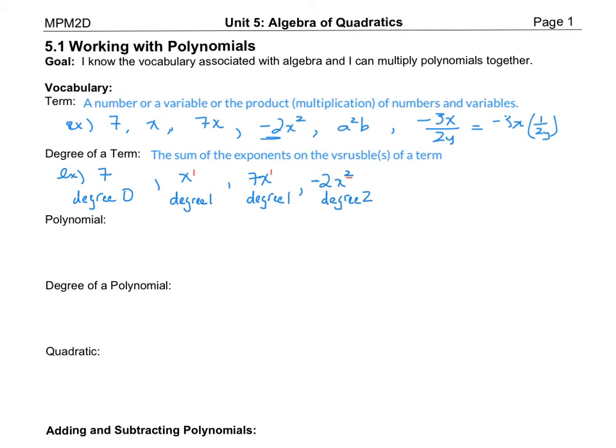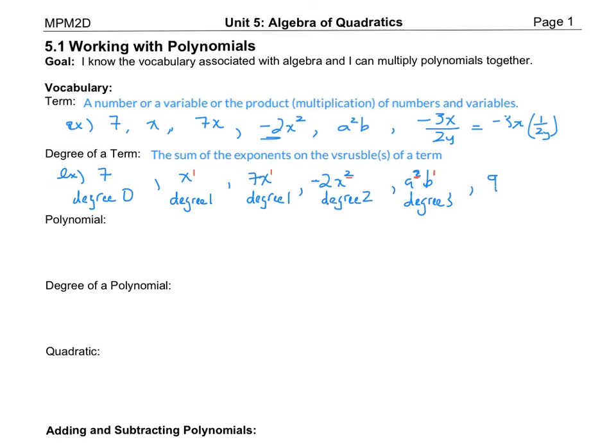If I have my a squared b, that's a degree of 3. And the reason it's a degree of 3 is because I have a 2 here, but there's also a 1 here. And when I take the sum of 2 and 1, I get a 3. Let's just do one more.